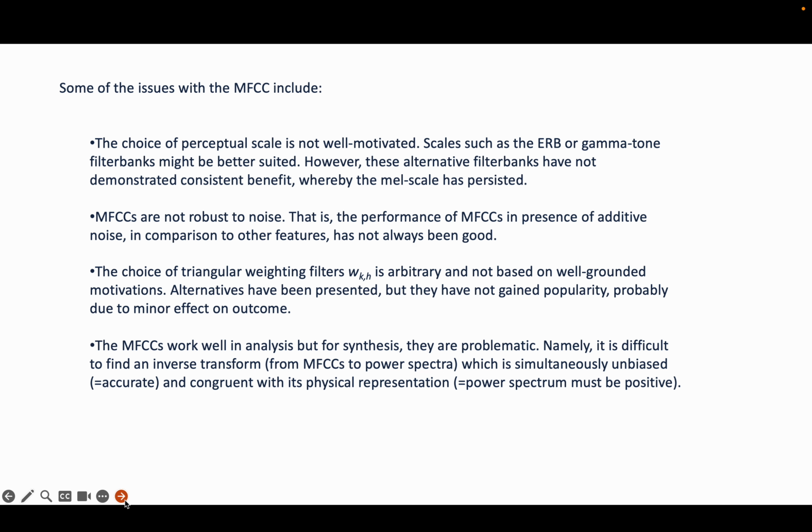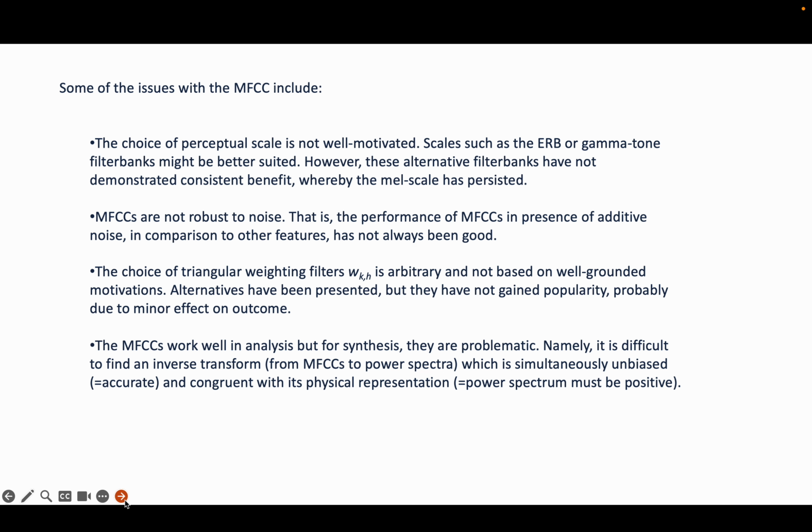The coefficients are not robust to noise, so the performance of the MFCCs in the presence of additive noise has not always been good, and that is a significant problem. The choice of the triangular weighting filters is arbitrary and not based on well-grounded motivations. Alternatives have been presented, but they haven't gained popularity, probably due to having a relatively minor effect on the outcome.